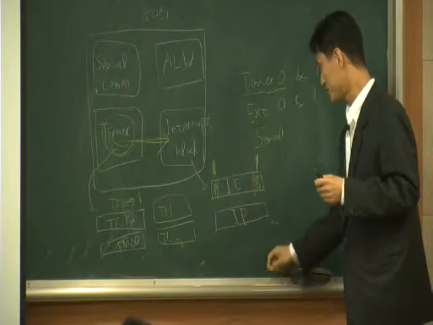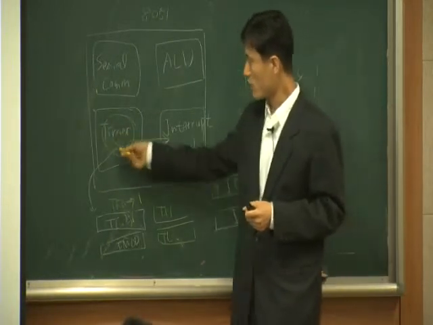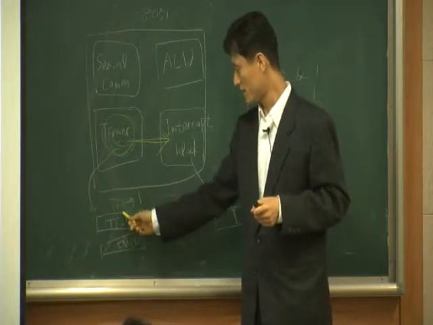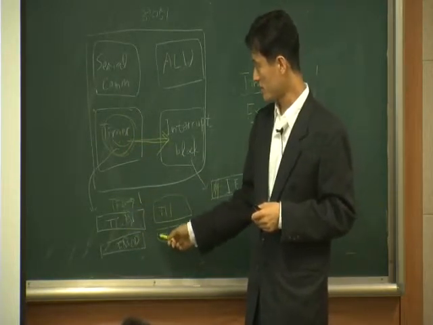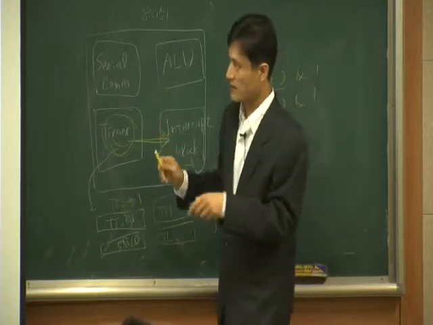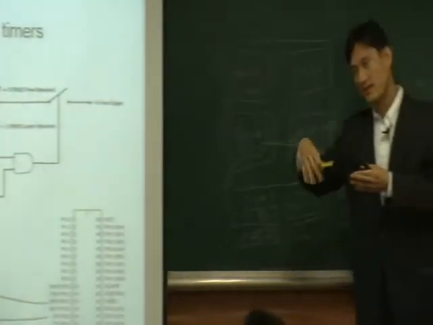Now suppose that you program the timer, like this one, right? You configure the TCON, TMOD, and the initial value of all these things, and you set it to run, like setting this bit to 1. Then this hardware runs, okay?